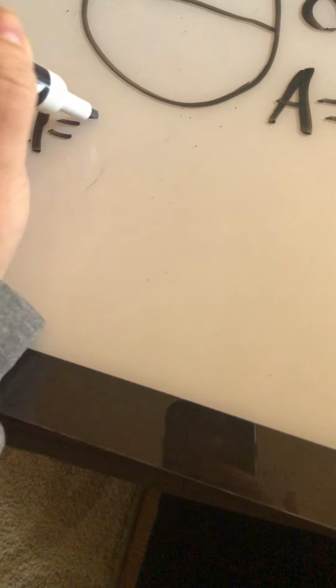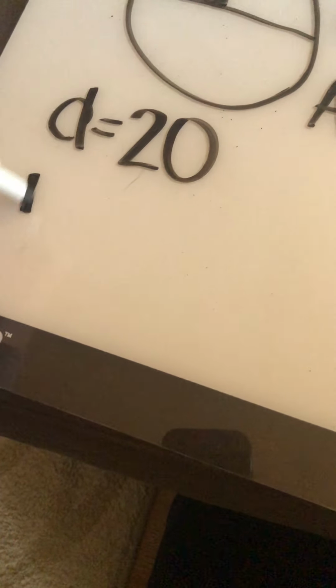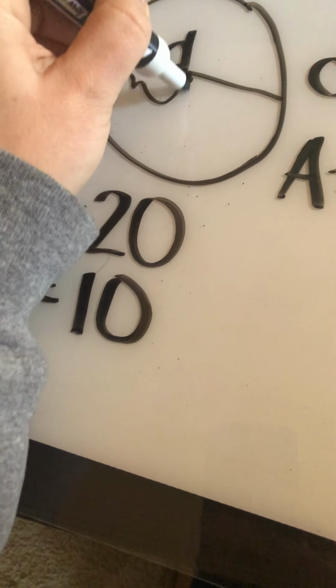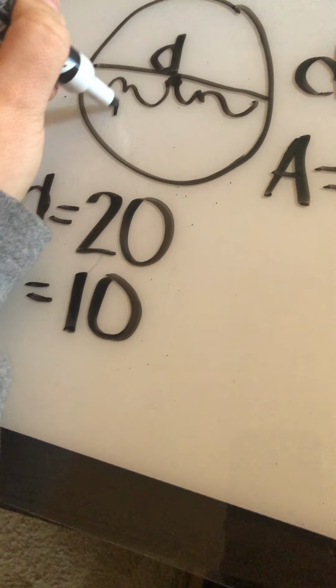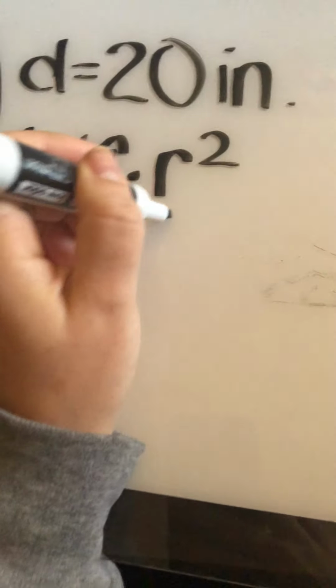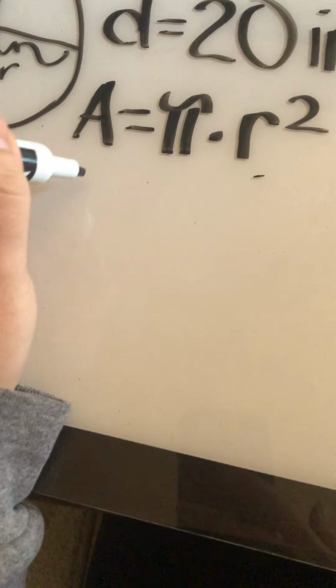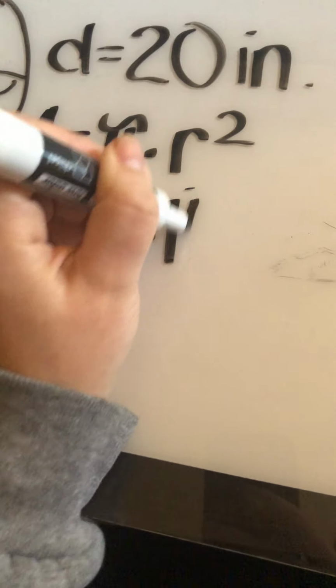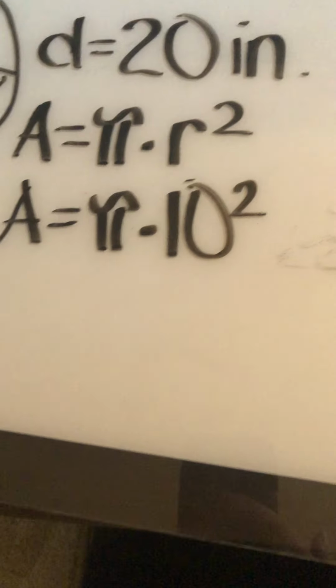If we have a diameter, then we have to use what we know about the relationship between diameter and radius, which again would be if the diameter is 20, a radius is half of the diameter because 2 radiuses make up a diameter. Okay, so 10 would be the number we plug in here. So then it would be area equals pi times 10 squared.